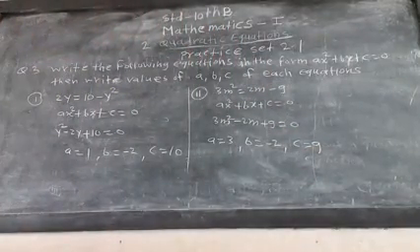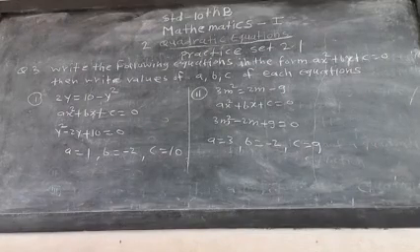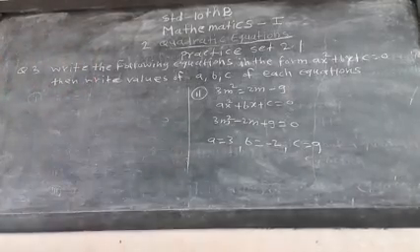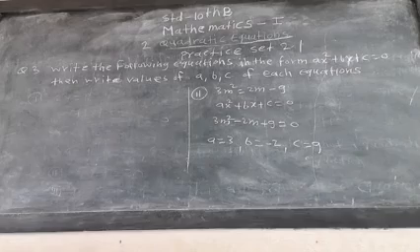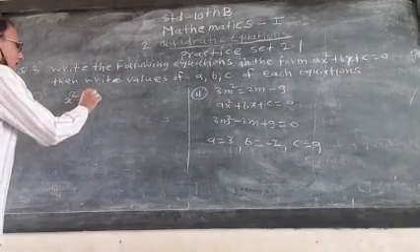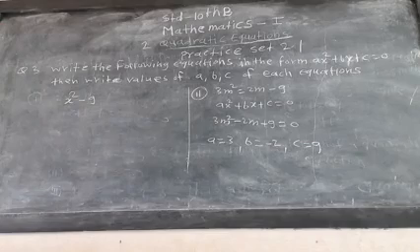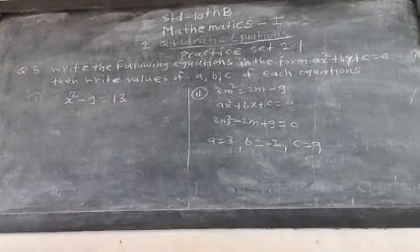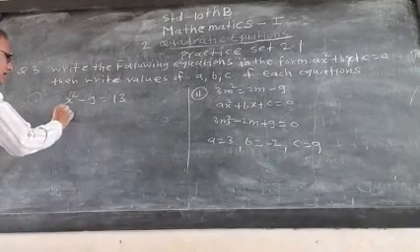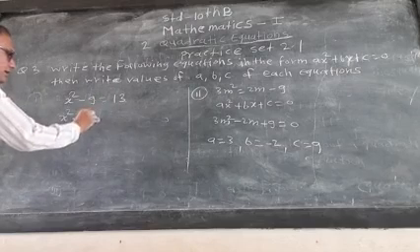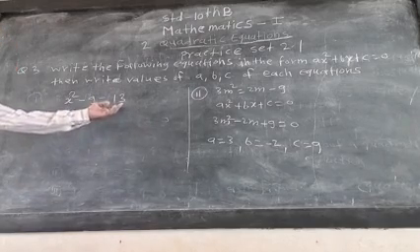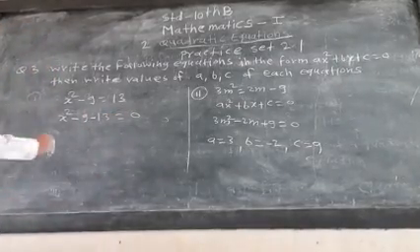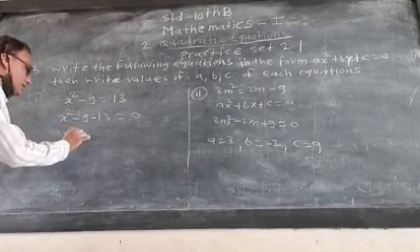We solve the next example. x square minus 9 equals 30. Look at this equation. x square minus 9 minus 30 equals 0.